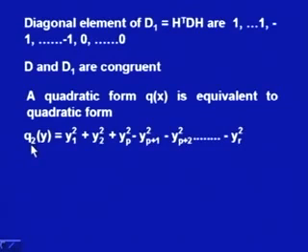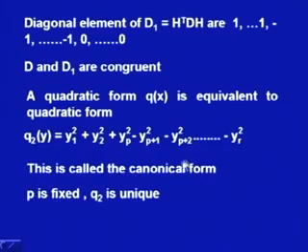The difference between Q1y and Q2y is that in Q1y the coefficients are eigenvalues, but in Q2y the coefficients are plus 1 or minus 1 depending upon the sign of the corresponding eigenvalue. So, for a given quadratic Qx, we can always transform it into a form where Q2y is y1 square plus y2 square plus ... plus yp square minus yp plus 1 square up to minus yr square.